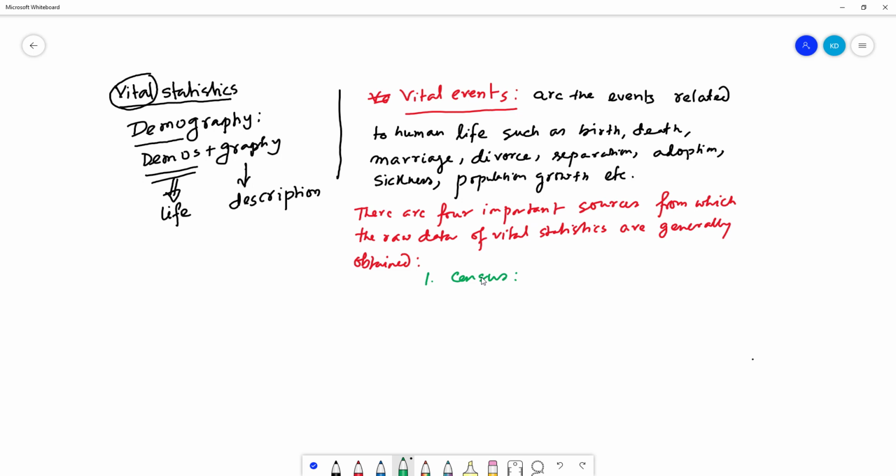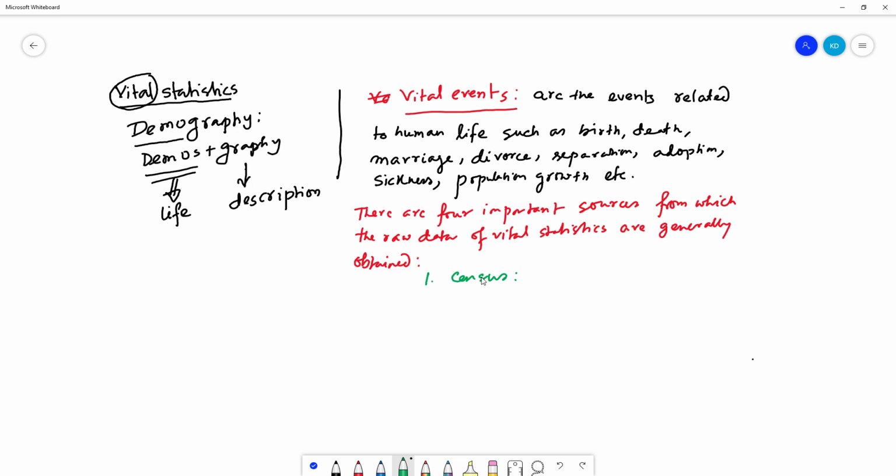In a census, the enumeration of every individual of all habitational areas is carried out at a specific time.